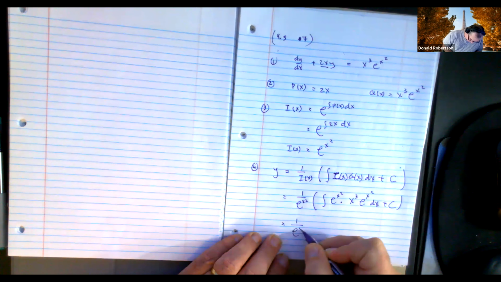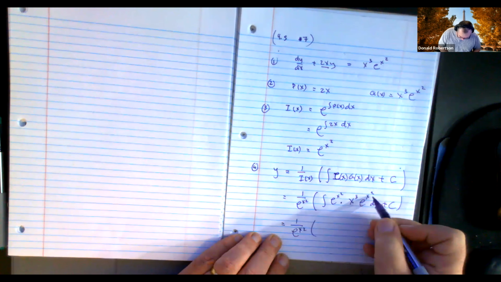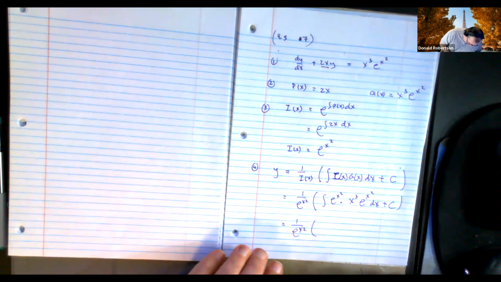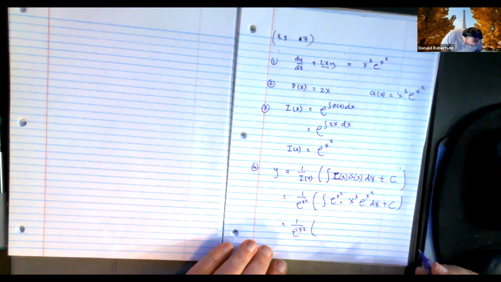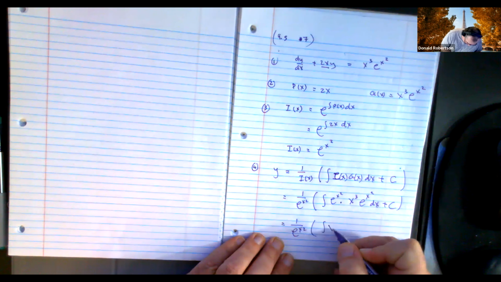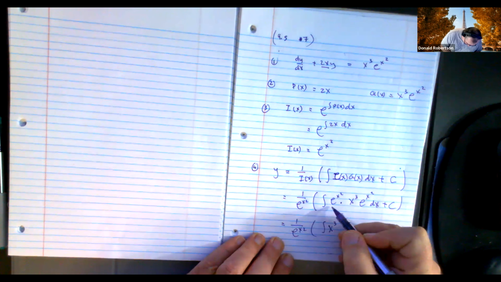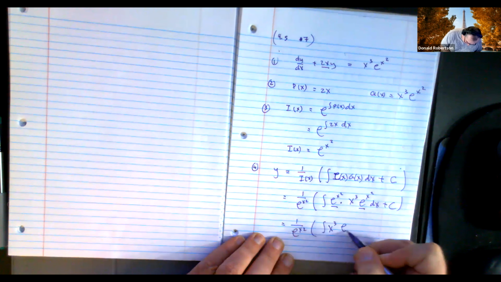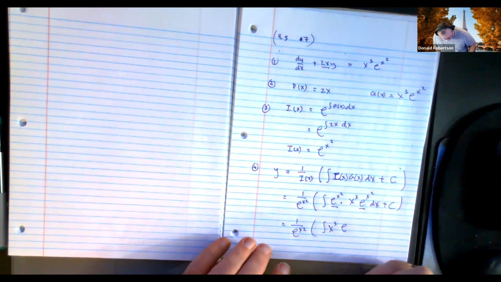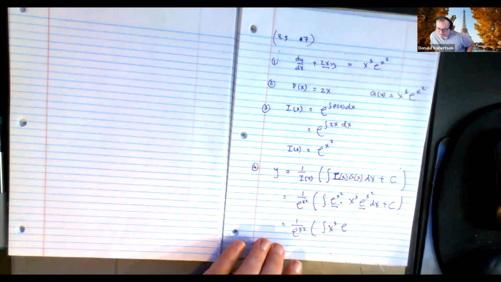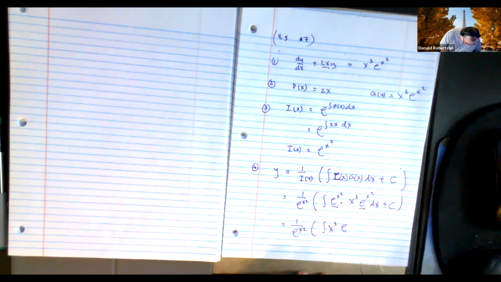And you might have been hoping for this to cancel that, but that's not the way it worked out. In fact, when you multiply this and this together, you do not get e to the x to the 4. You probably were hoping for that because then you could do a u sub.